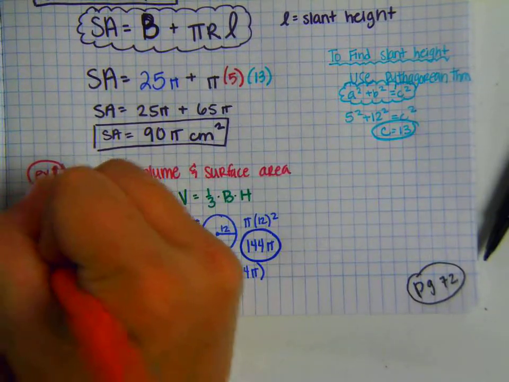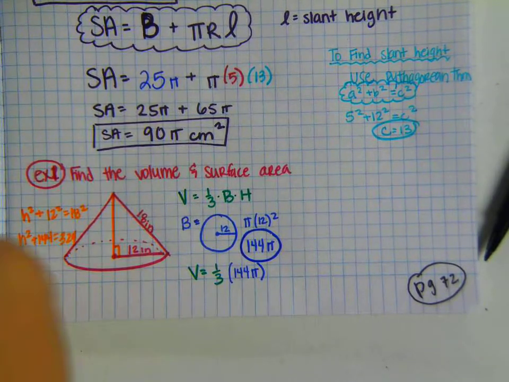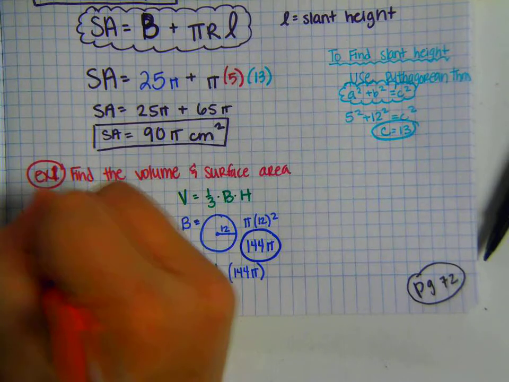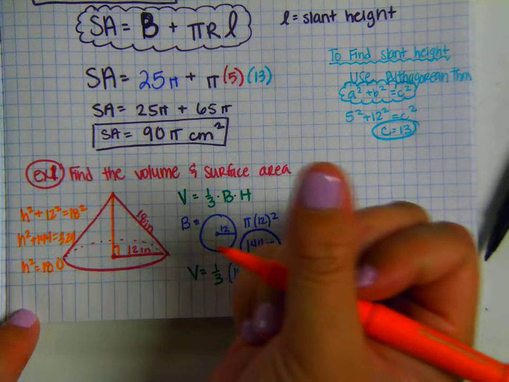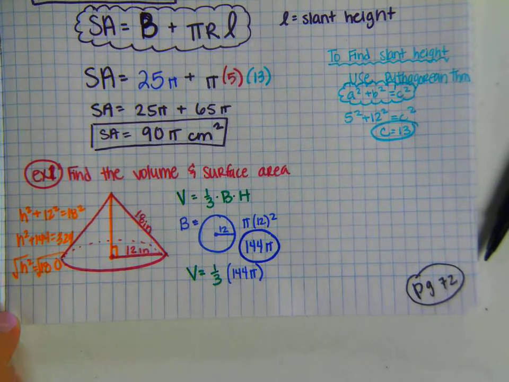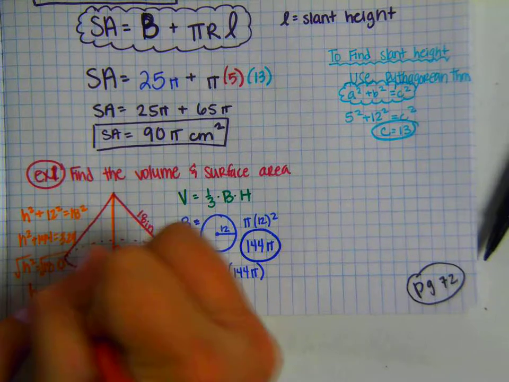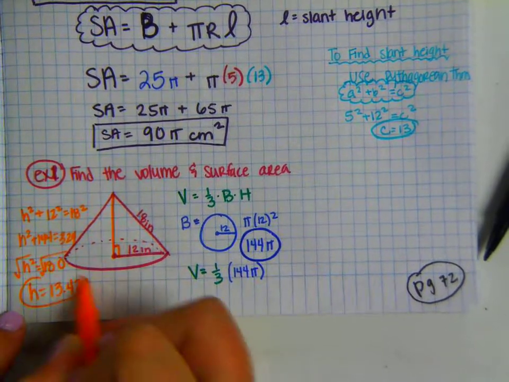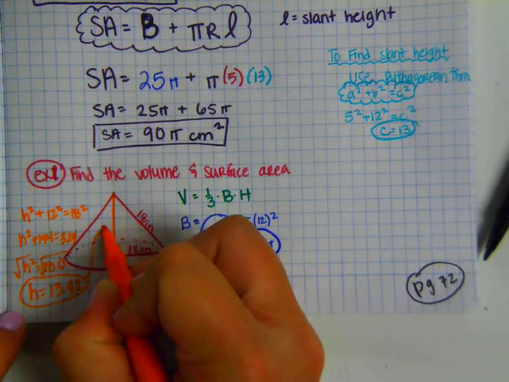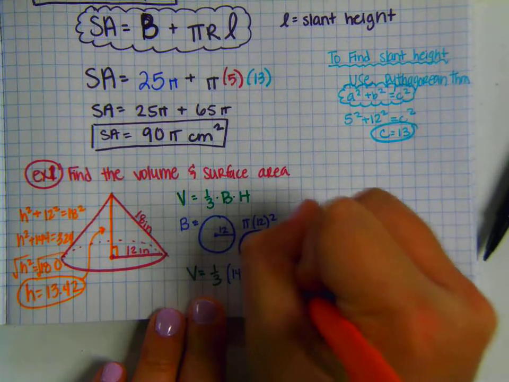H squared plus 144 equals 324. So h squared is 180. And when you square root that, I'm actually going to take the square root of that so I get a number, h is going to be 13.42. Right there is the height of the cone. So this is going to be 13.42.